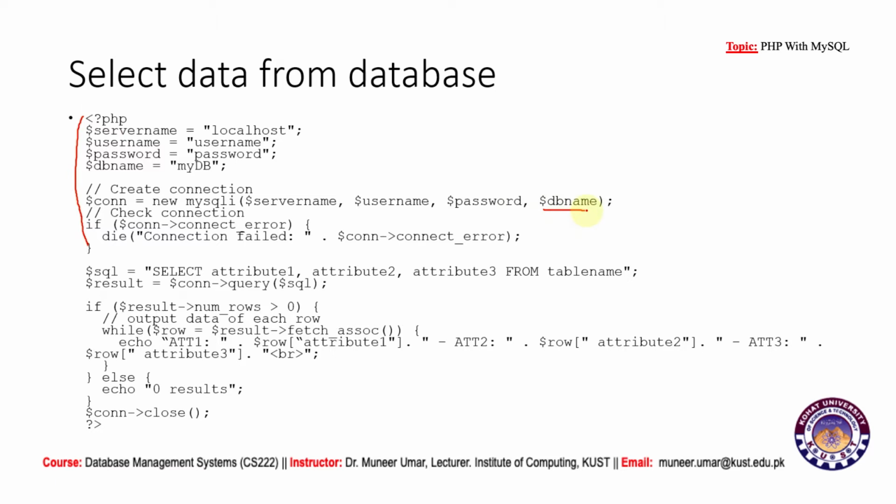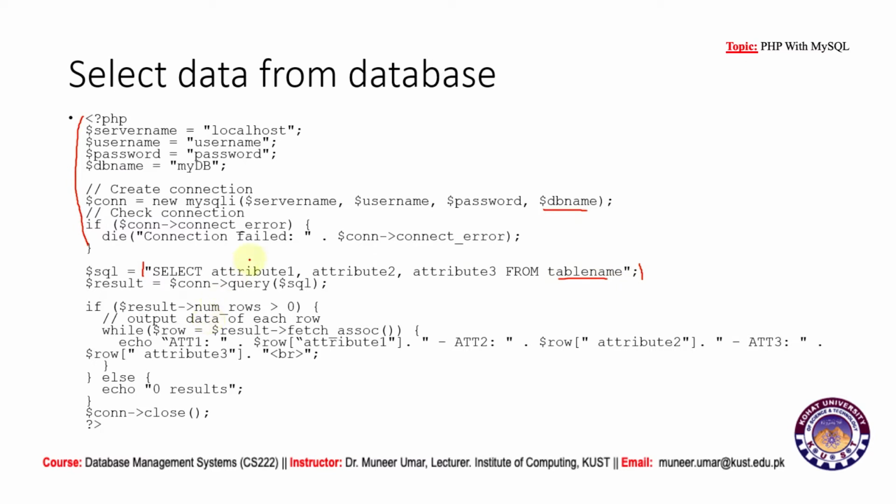The rest is similar, so it will either connect or will give an error that the connection failed. After that we will type the select statement which will give us some result, and that would actually be the displaying of contents of the table stored in the database.